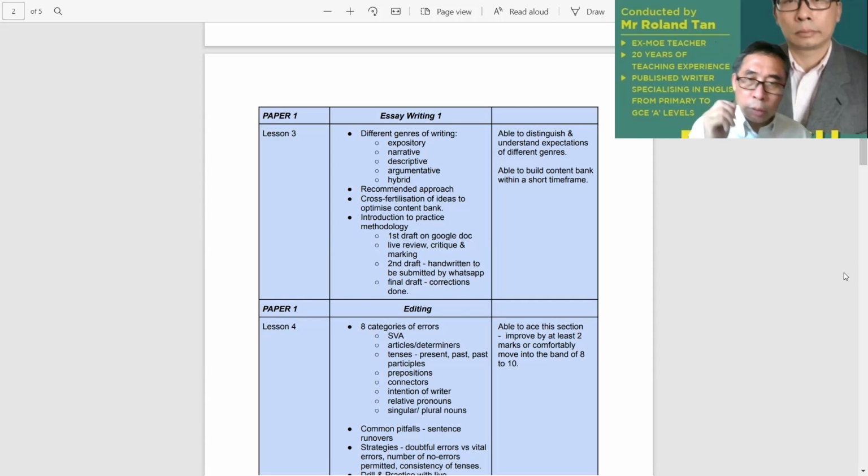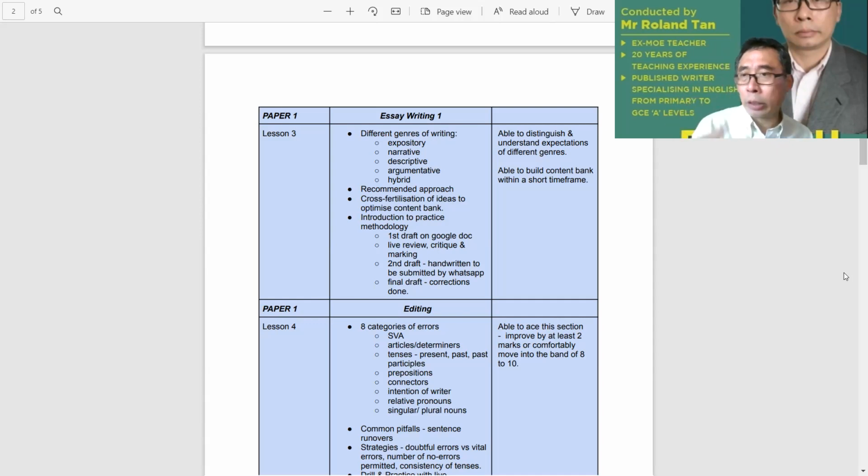I would also introduce to you my practice methodology for the writing assignment. Typically, for the first draft, you have to type it out on a Google Doc, and there'll be a live review. I will be using your Google Doc and correct it on the spot. Mention what are the strengths and weaknesses.